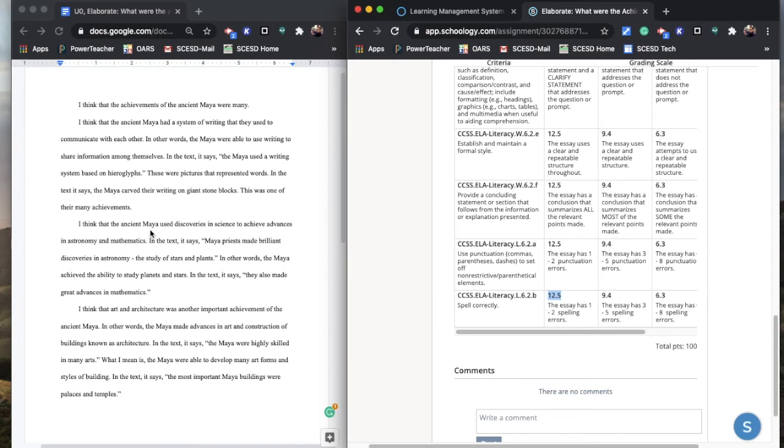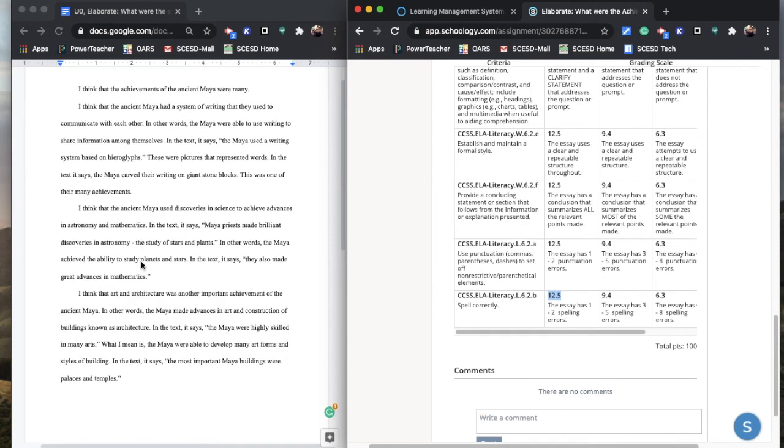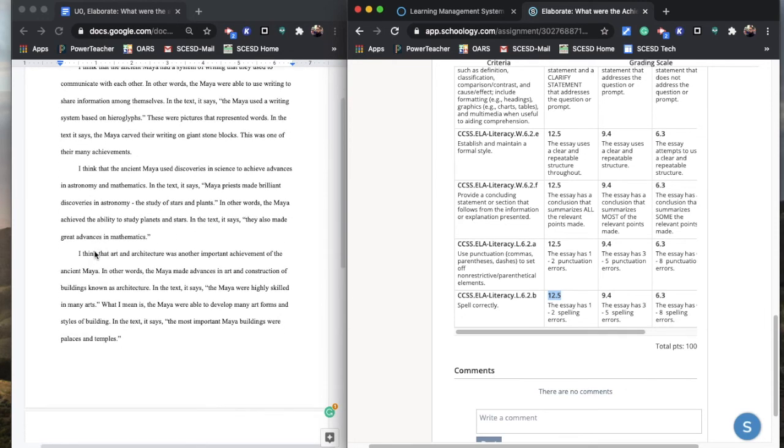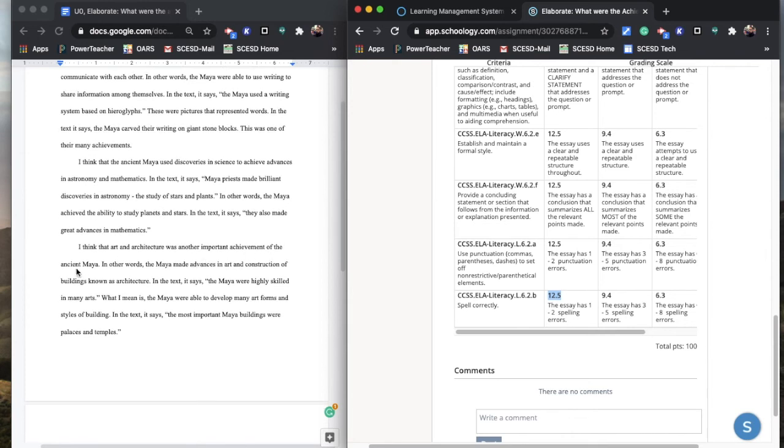I think that the ancient Maya used discoveries in science to achieve advances in astronomy and mathematics. In the text it says Maya priests made brilliant discoveries in astronomy, the study of stars and planets. In other words, the Maya achieved the ability to study planets and stars. In the text it says they also made great advances in mathematics. I think that art and architecture was another important achievement of the ancient Maya.